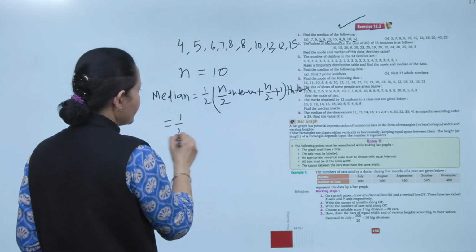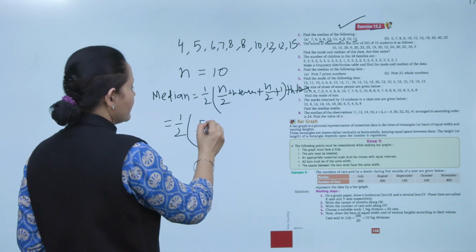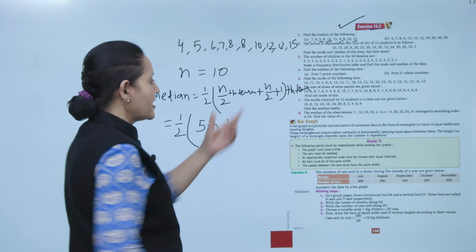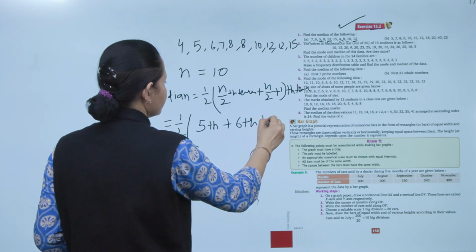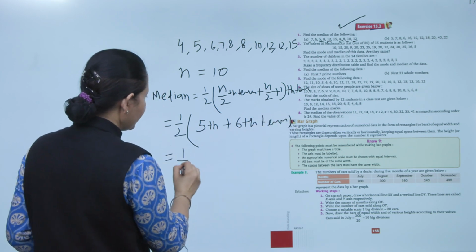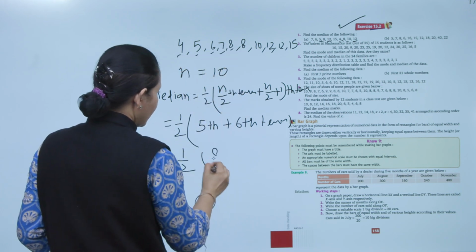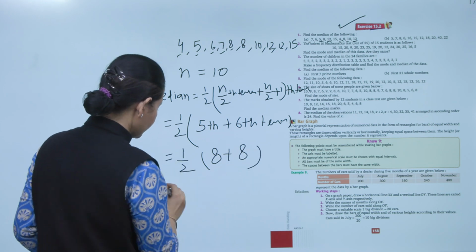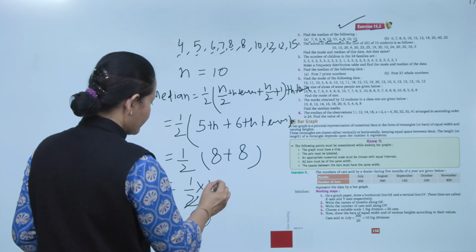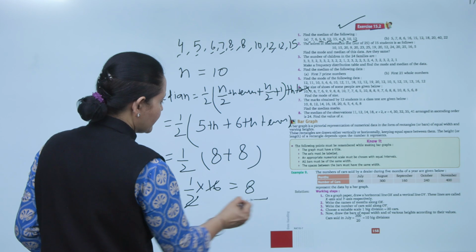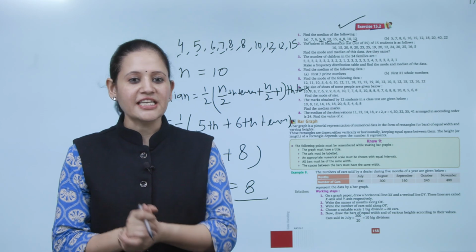So that is equal to 1 by 2 times the 10 by 2, that means 5th term, plus n by 2 plus 1, that is the 6th term. So that is equal to 1 by 2 times the 5th term. 1, 2, 3, 4, 5, that is 8, and the 6th term is also 8. So 1 by 2 multiplied by 16. So that is equal to 8. So our median will be 8. Clear? So practice all the questions of this exercise.